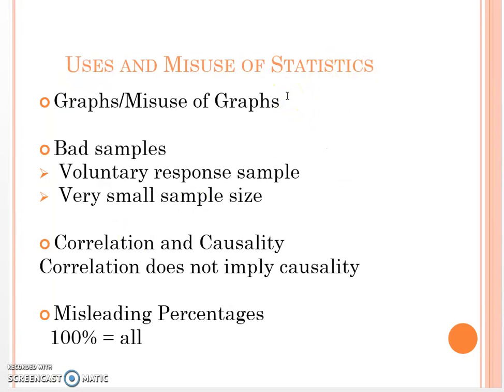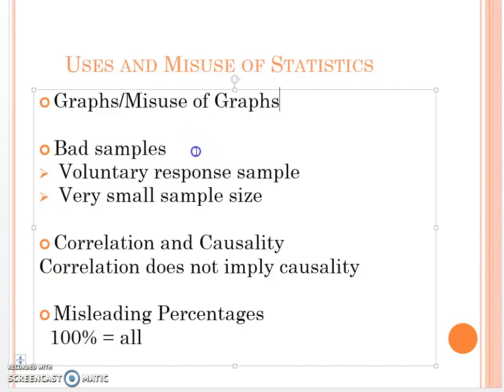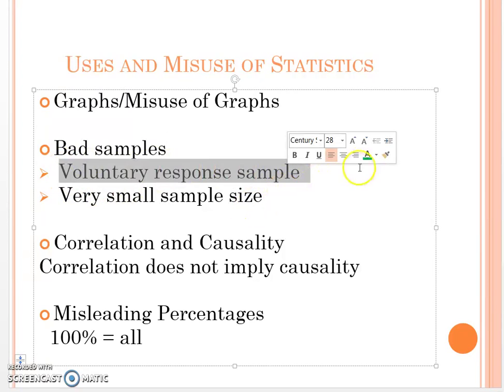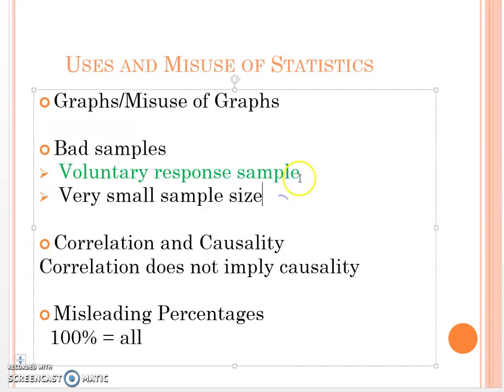Different graphs and the use of graphs can be misleading. It depends on how you manipulate the scales and titles. So we need to pay attention when we do the graphs. Also, misuse of stats can come from bad samples, such as voluntary response sample. I think we've talked about last time.